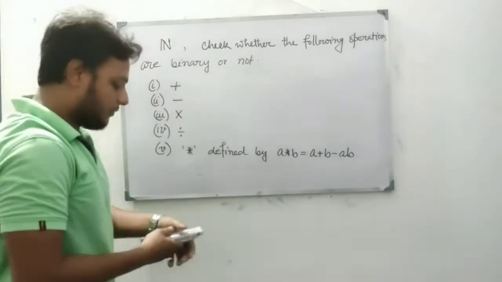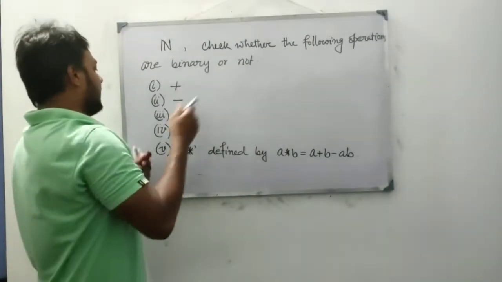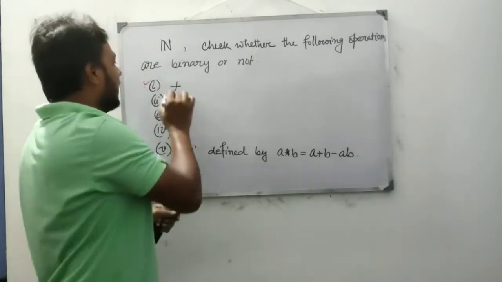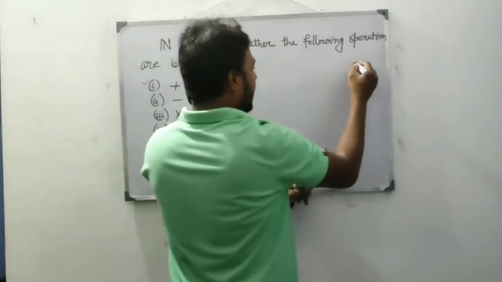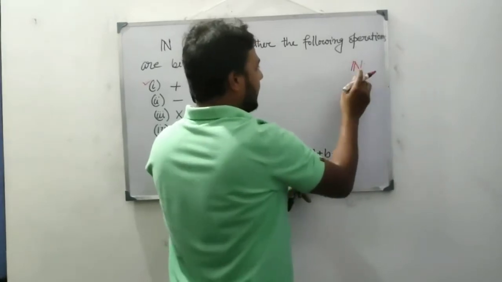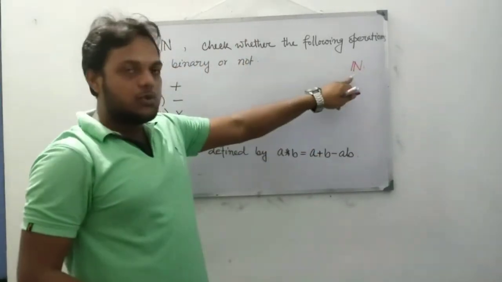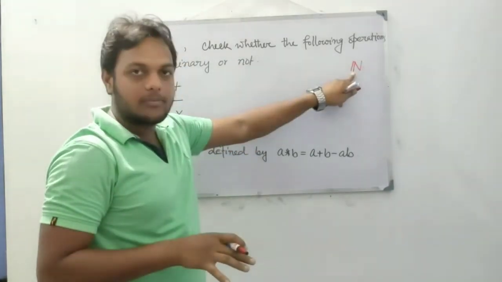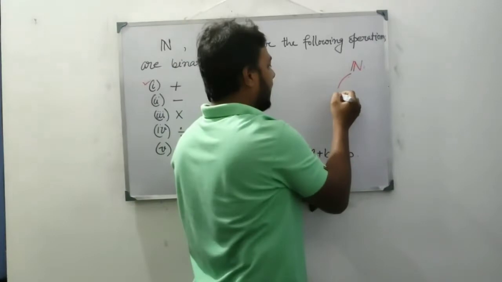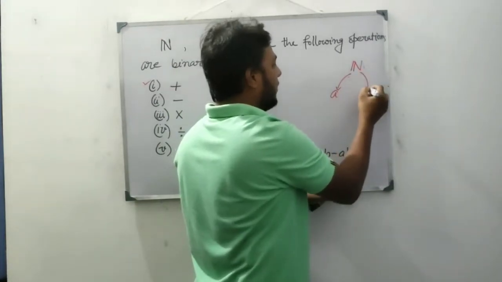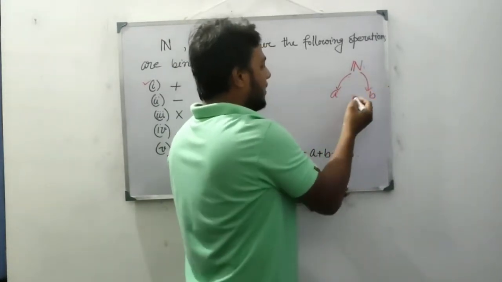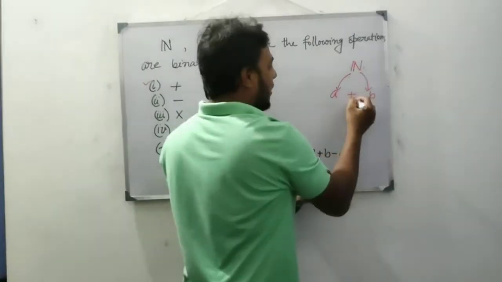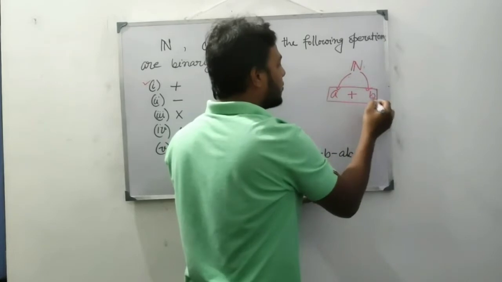First, see the first one, A plus B. Is it binary? How do we check whether this operation is binary or not? This operation is said to be binary on the set of natural numbers if you choose any two numbers arbitrarily, suppose A one number and B another number, and after adding, the result is also a natural number.